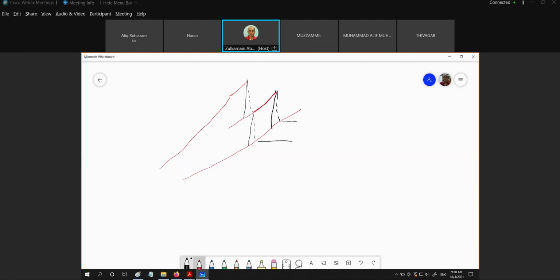So if this is our compression process, this is the outlet temperature of the compression process. I'm going to erase this part. So what we are going to do is look at the possibility of using this heat.